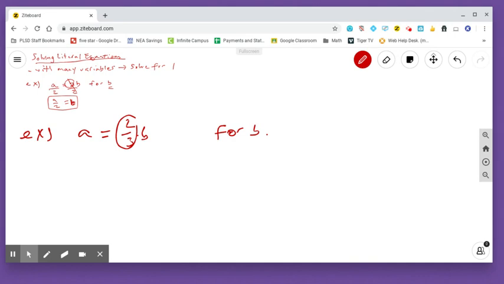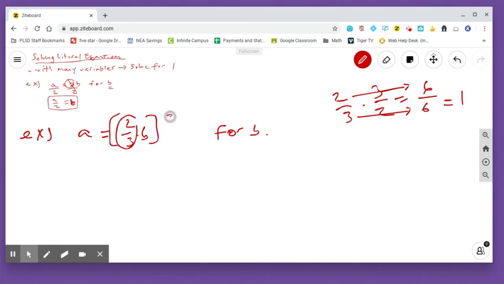So if I had 2/3 and I multiplied it by the reciprocal, which is just the flip of it, 3/2, if I multiply those 2 together, I would get 6 over 6, which equals 1. So one idea when I have fractions here is to multiply this side by the reciprocal, 3 over 2. But if I do it to one side, I must also do it to the other.